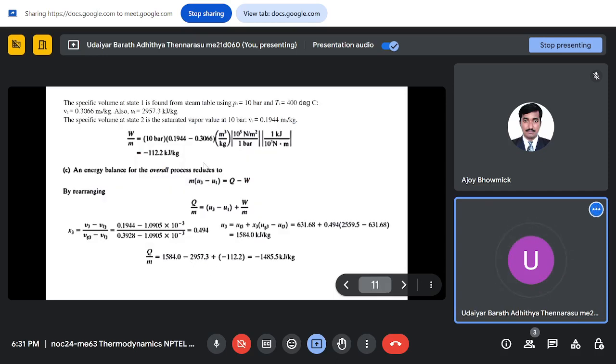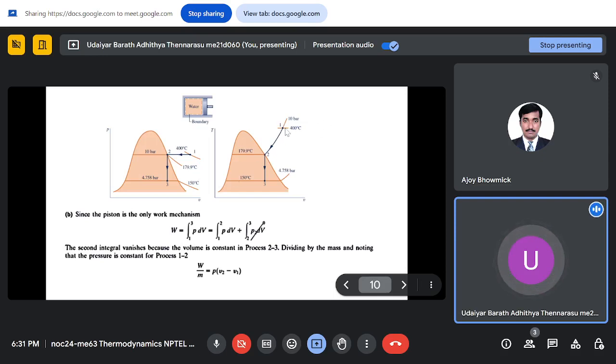Here we know states 1 and 2. State 1 is 10 bar and 400 degrees Celsius, so we can find the specific volume at state 1, and state 2 is saturated vapor, so we can find the specific volume at 2 for the same 10 bar.